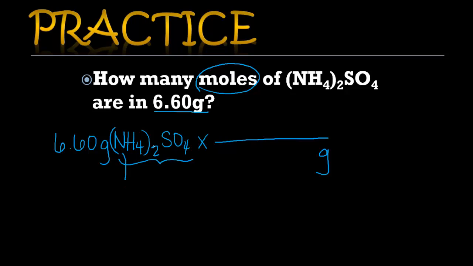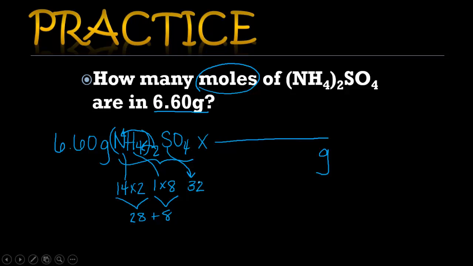So N, as the 2 gets distributed through, I have 14 times 2, so 28. Then I have H, which is 1 times 8, because remember we multiply the 2 and the subscripts together. So that gives me 8. Then I have S, which is 32.